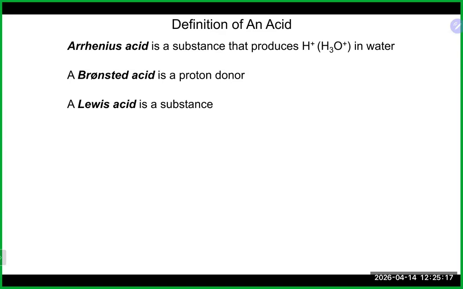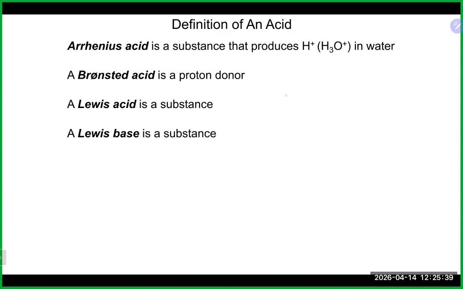When we think about Lewis, we think about Lewis structures, perhaps, Jess? And when we draw Lewis structures, those usually involve what things? What are all the little dots you put on them? Those are all electrons. So maybe not surprising, the Lewis definition of an acid involves electrons.